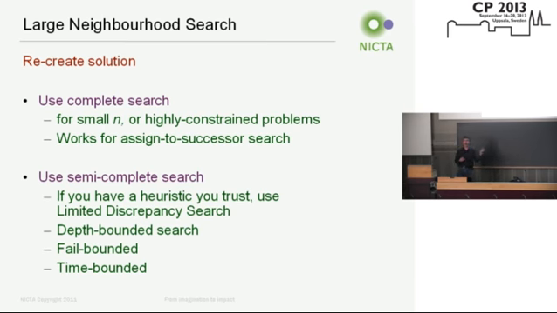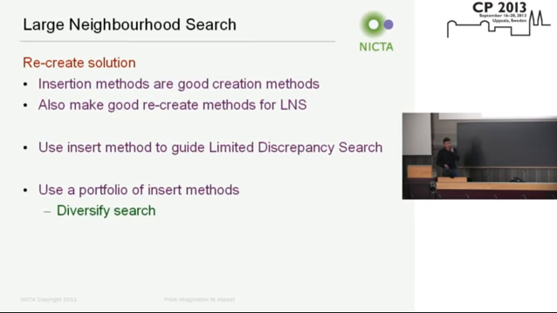Or even if I've got a highly constrained problem that's limiting my search space, I can do that. I can use semi-complete search, something like limited discrepancy search is a good choice here. Or depth-bounded, fail-bounded, time-bounded. So I'm doing a structured exploration of a smaller subspace, but not doing the whole thing.